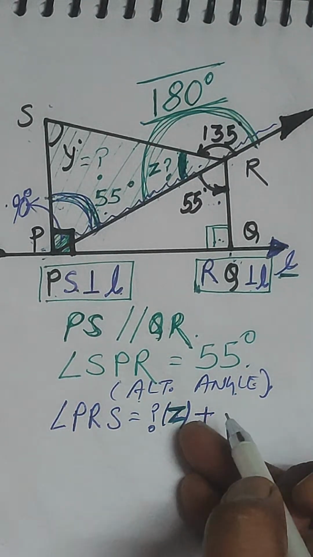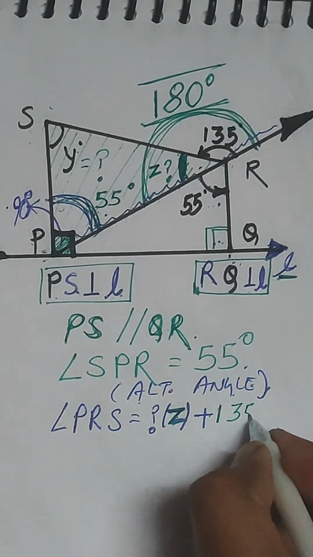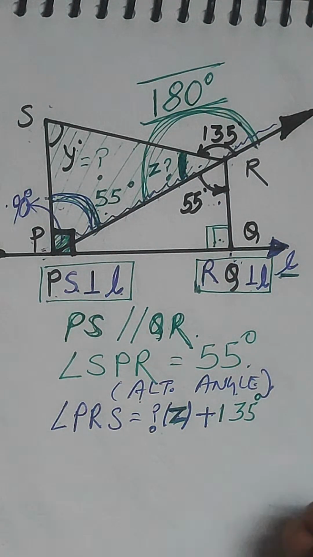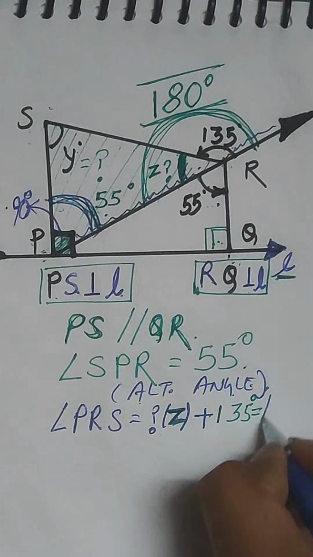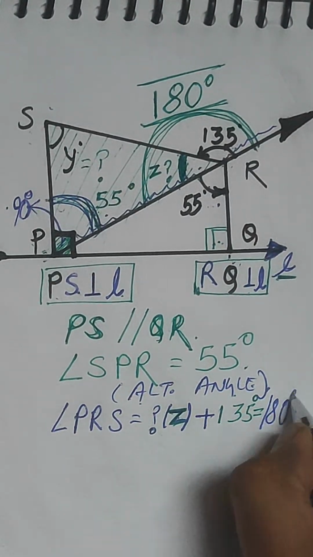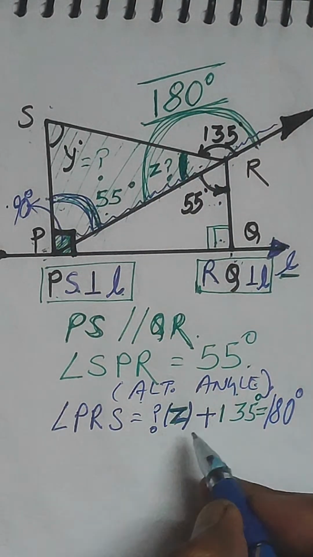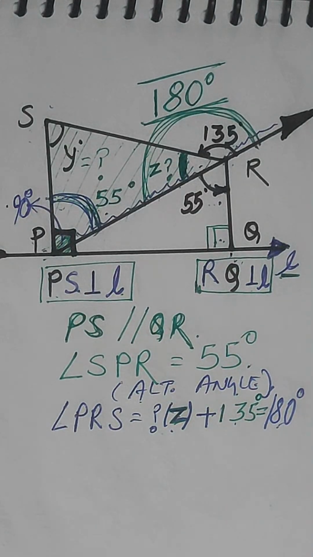So Z plus 135 degrees will give you the value of 180 degrees.